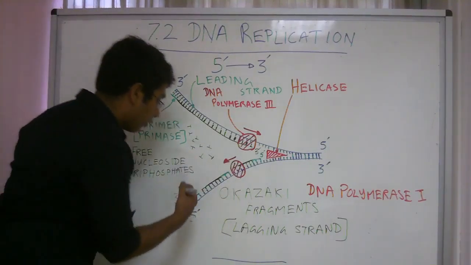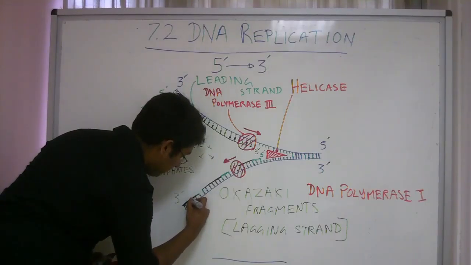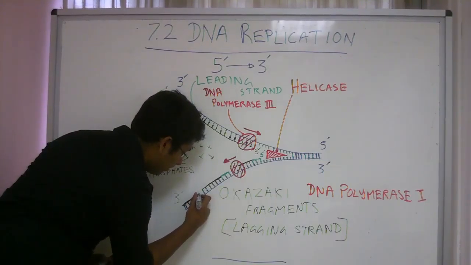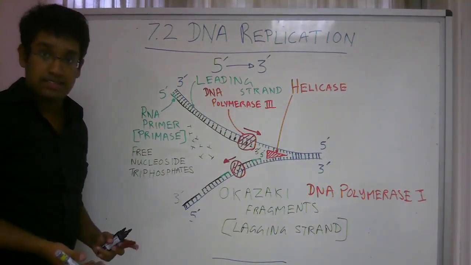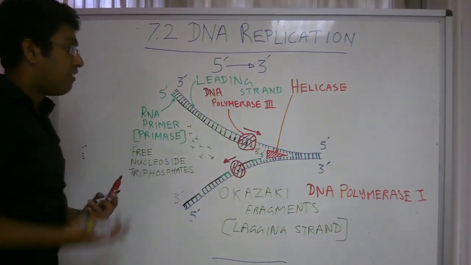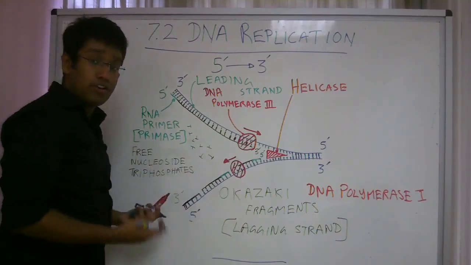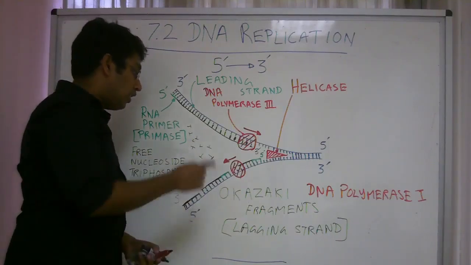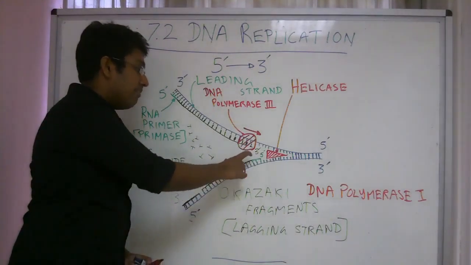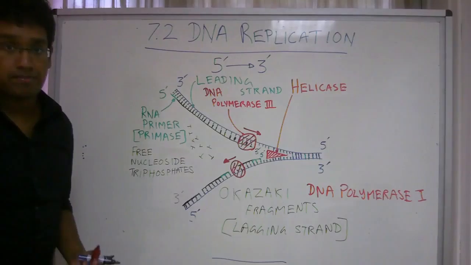So once DNA polymerase accomplishes that task, these green areas will be replaced by DNA nucleotides. Right? Finally, you've removed the RNA nucleotides and replaced them with DNA. However, on the lagging strand, you still have separate Okazaki fragments.